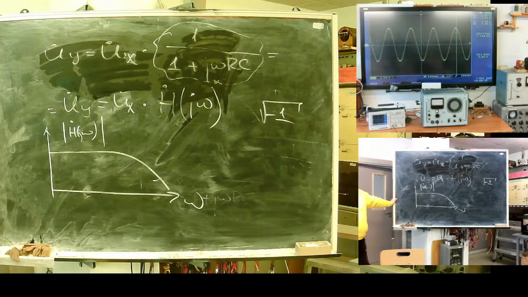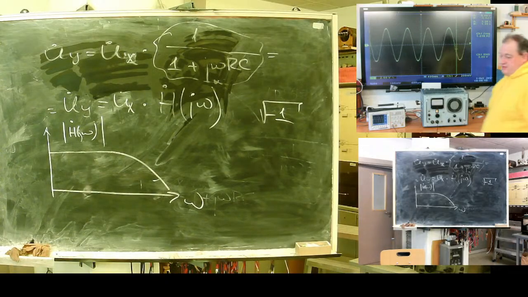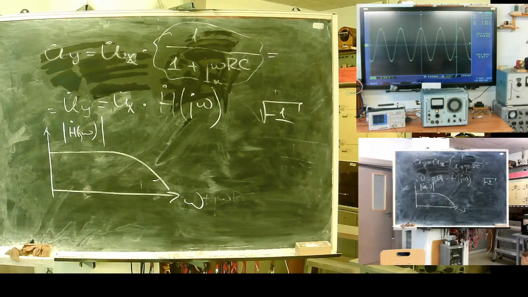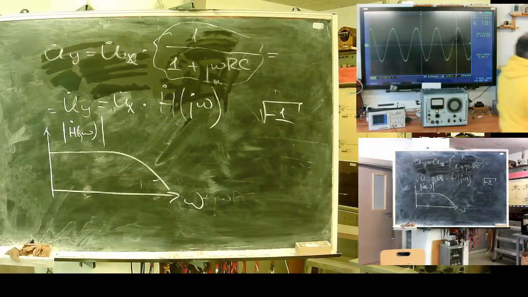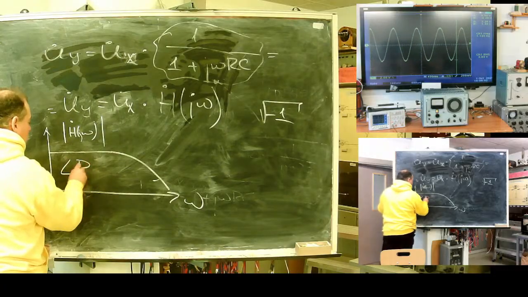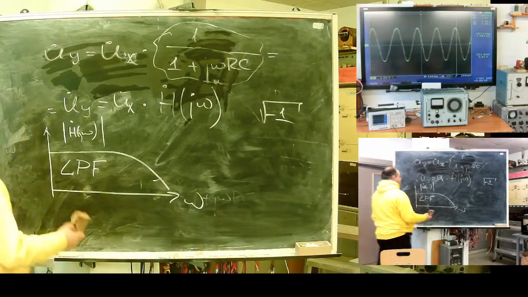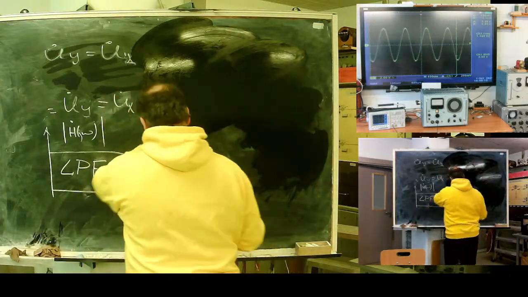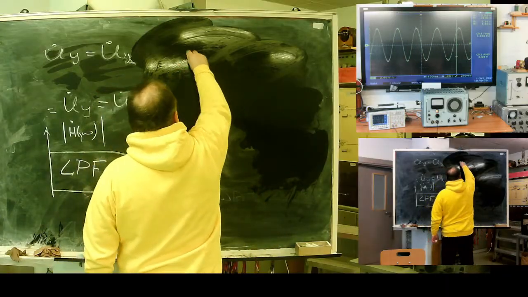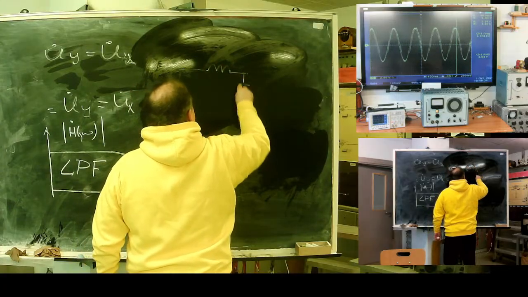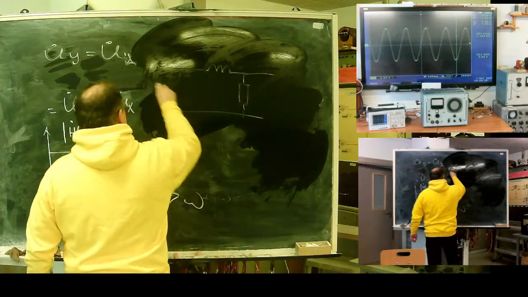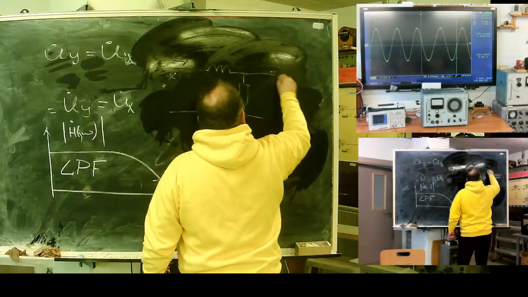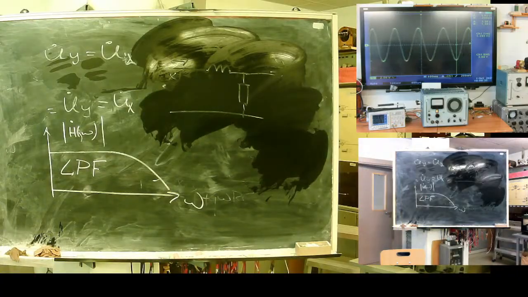Appears you're not believing me. So, this circuit suppresses high frequencies and passes through low frequencies. A coil can achieve the same and also will act as a low pass filter.